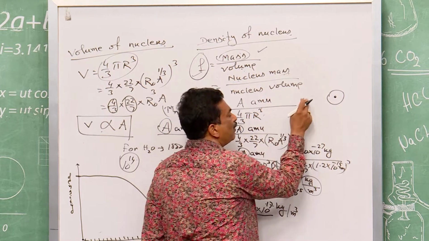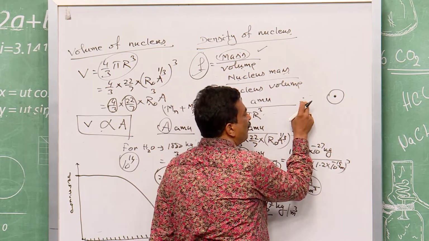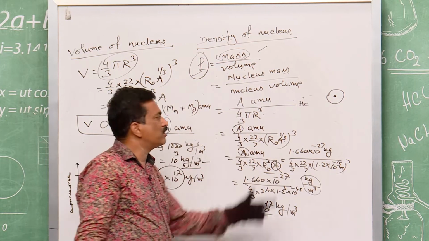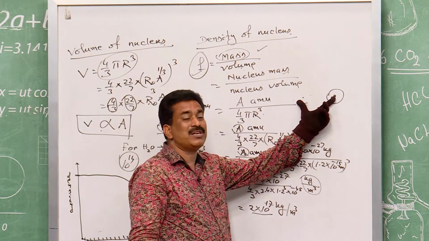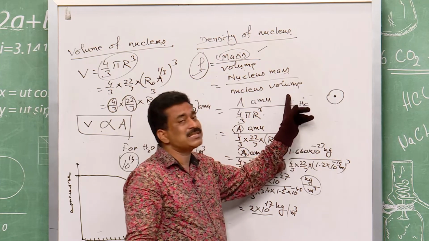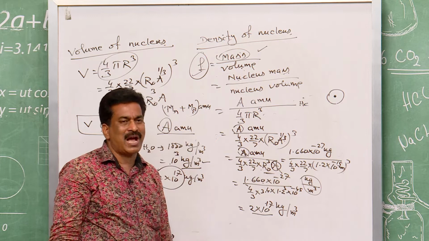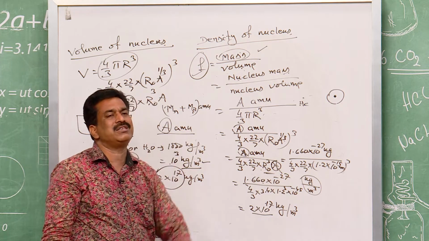So when the helium, the alpha particle, comes, it is deflected at a larger distance. When it is deflected, we say the influence is felt up to that point, and that closest approach is considered as the radius.